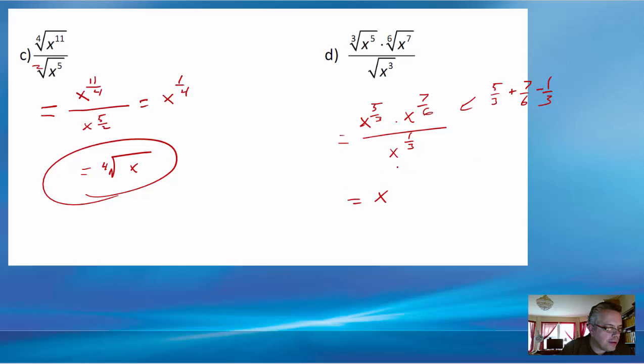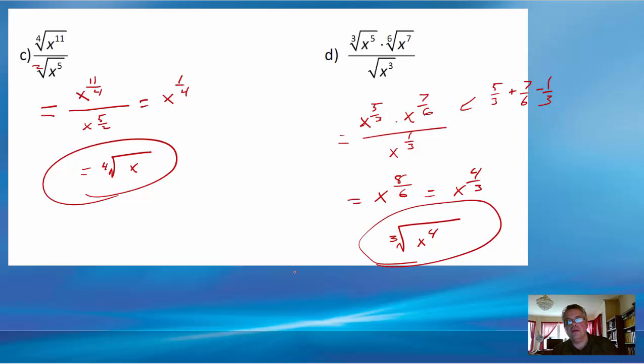If you do all that, you get x to the 8/6, which is actually equal to x to the 4/3. In radical notation, that's x to the 4th and the third root of that. Wow. So the key to these problems is not bad at all. Just rewrite them with exponents, and you guys are pretty good at that. Then you're going to be adding exponents if you're multiplying powers, subtracting exponents if you're dividing powers.